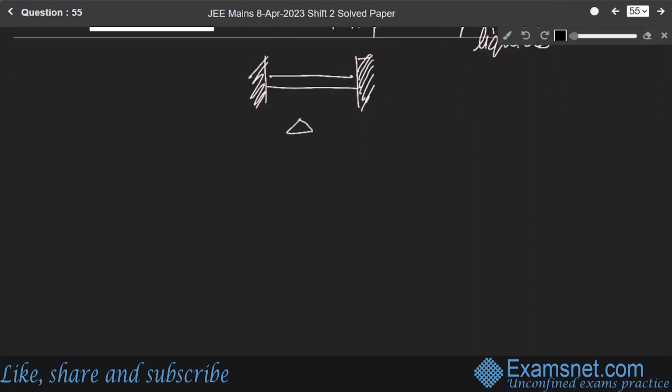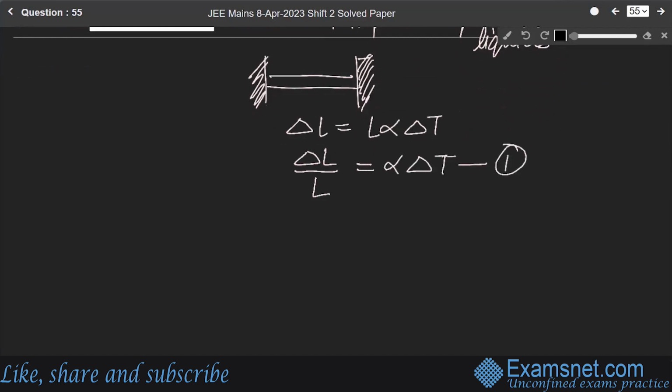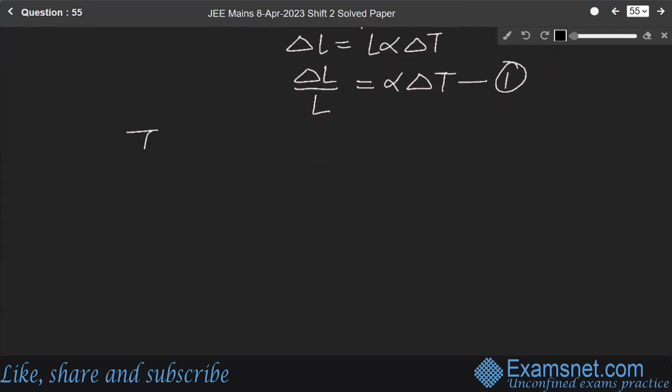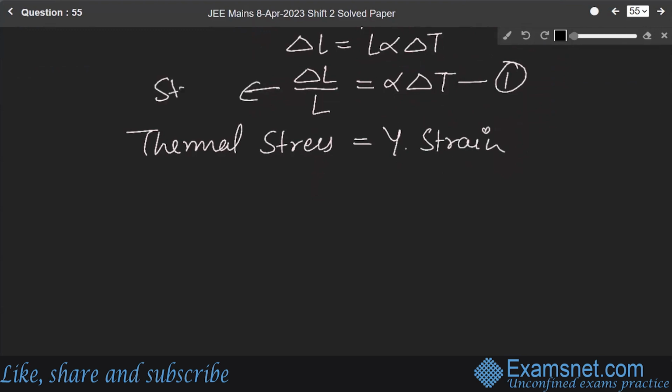Initially, the change in length delta L will be equal to L alpha delta T. So if it is not allowed to extend or bend, delta L over L will be equal to alpha into delta T. Now the thermal stress is equal to Young's modulus into strain.